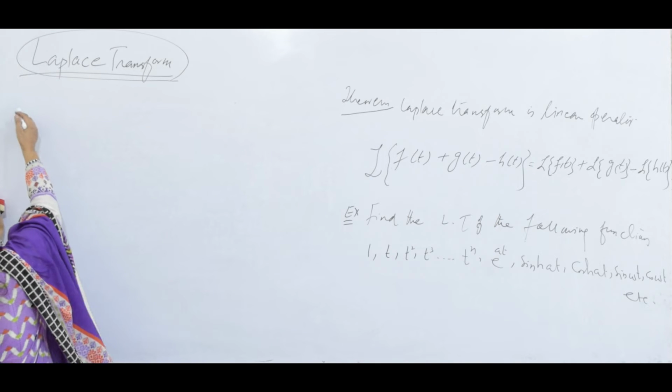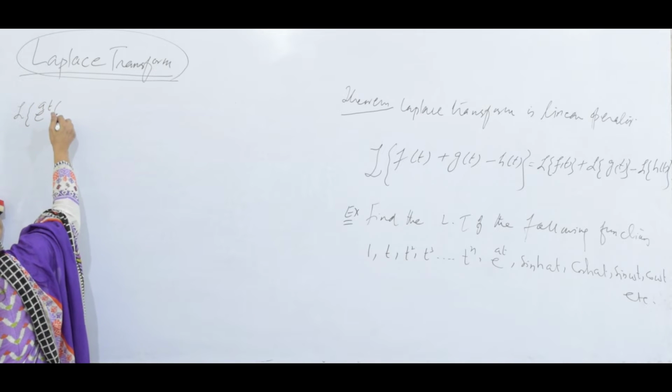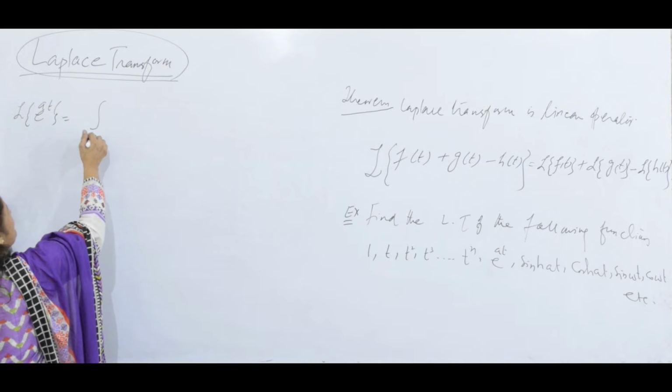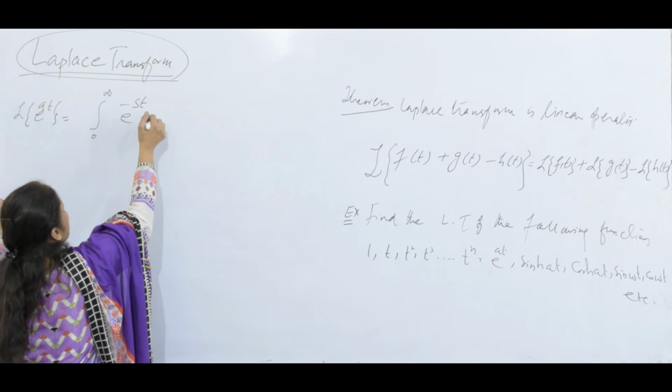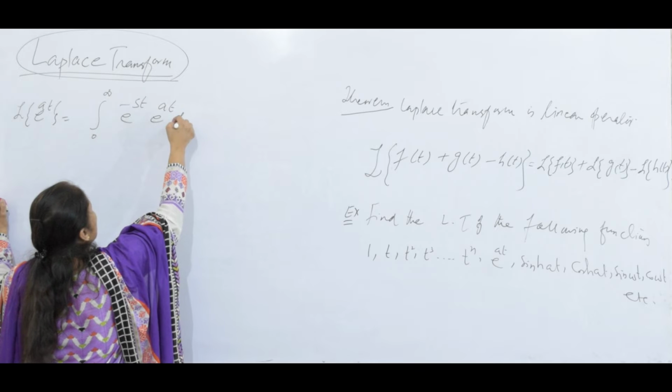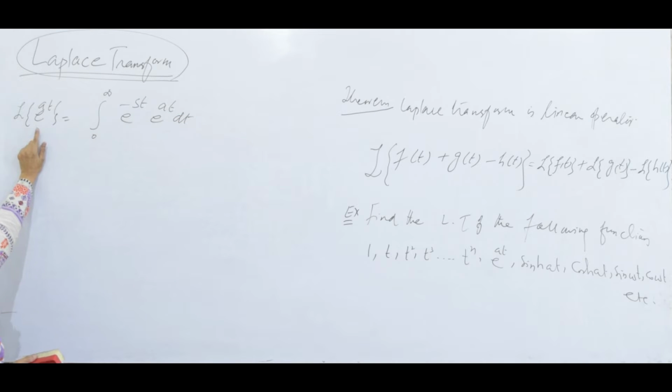So let me find the Laplace transform of e^(at) first. By definition, the integral from 0 to infinity of e^(-st) e^(at) dt. The function is e^(at) this time.